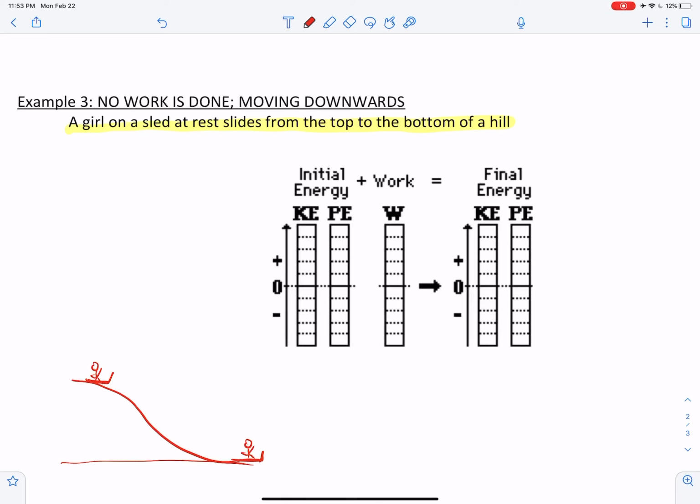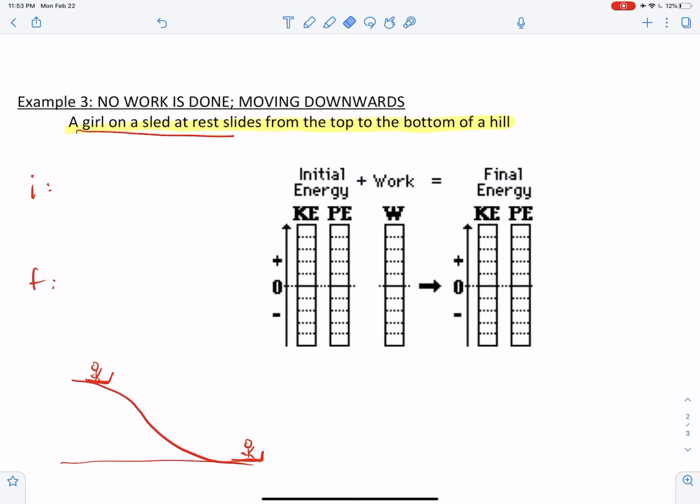Okay, so it's always helpful to define the initial and the final moments. So I'm going to define the initial moment as up at the top and the final moment as down at the bottom here. All right, in the initial moment, it says that she is on a sled at rest.